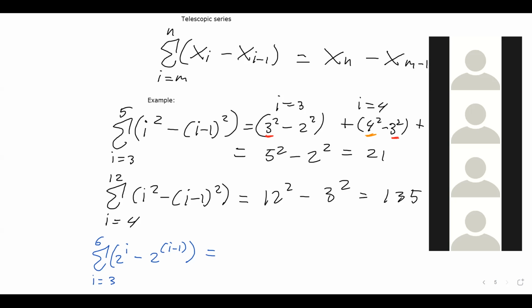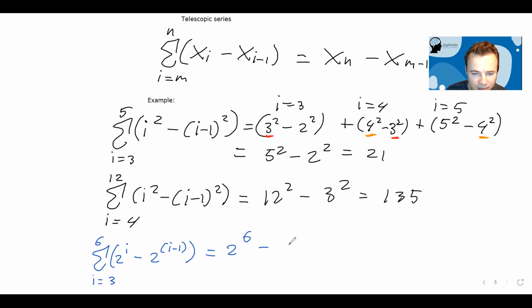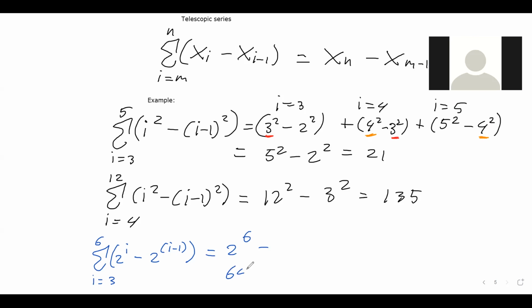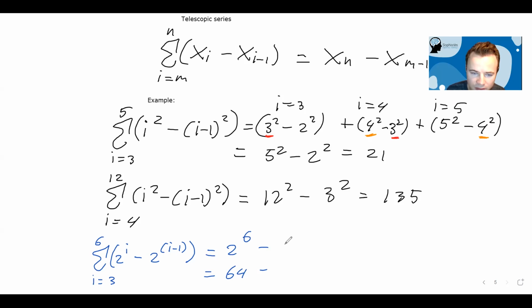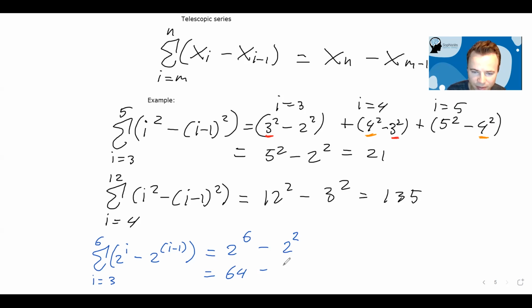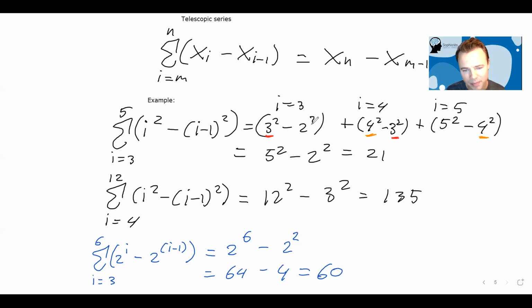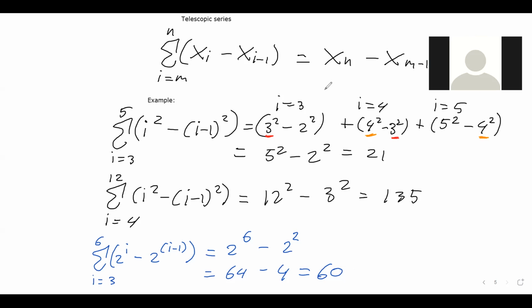Julian, would you like to help me? Yeah, sure. So, first 2 to the power of 6, and that's 64. Then 2 to the power of 3 minus 1, so 2 squared, right? Very good. Which is 4. So what is my final outcome? 60. Very good, Julian. Thank you. Is this clear? Is this rule clear for you guys? Yes? Right.